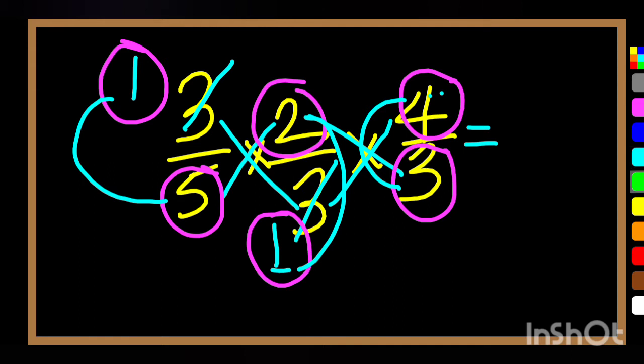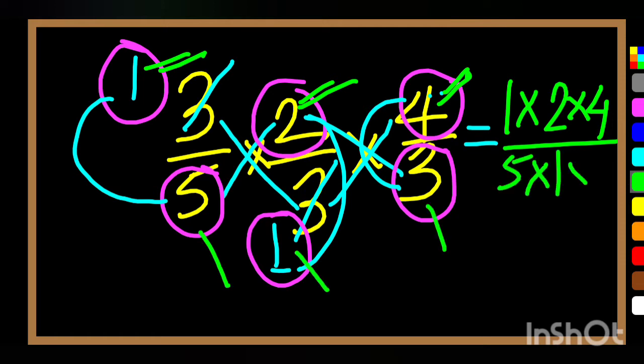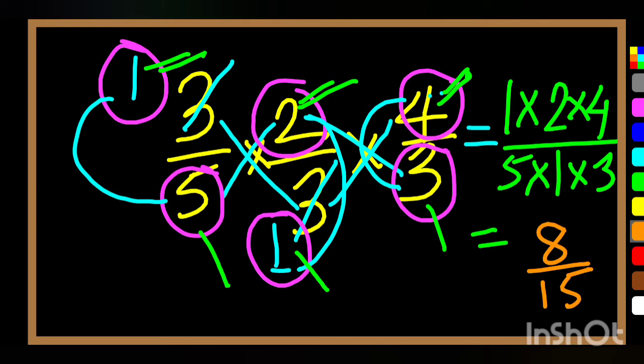So the next step is we will multiply all the numerators of each fraction after reduction: 1, 2 and 4. In the denominator we will write 5 multiplied by 1 multiplied by 3. Here in the numerator we are getting 8 and in the denominator 15. So our answer is 8 by 15.